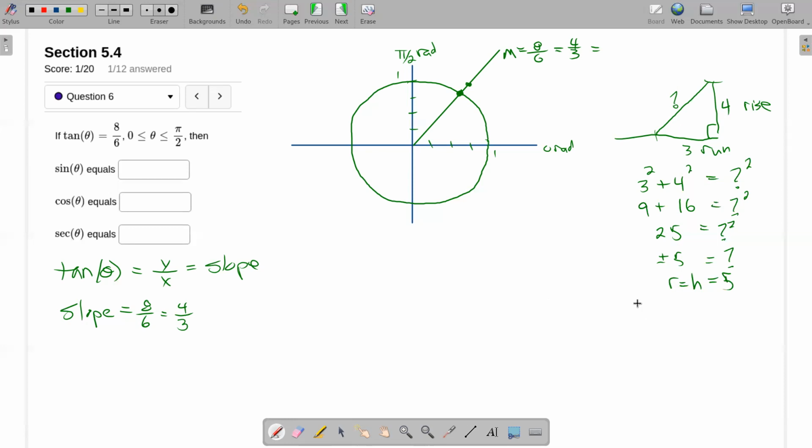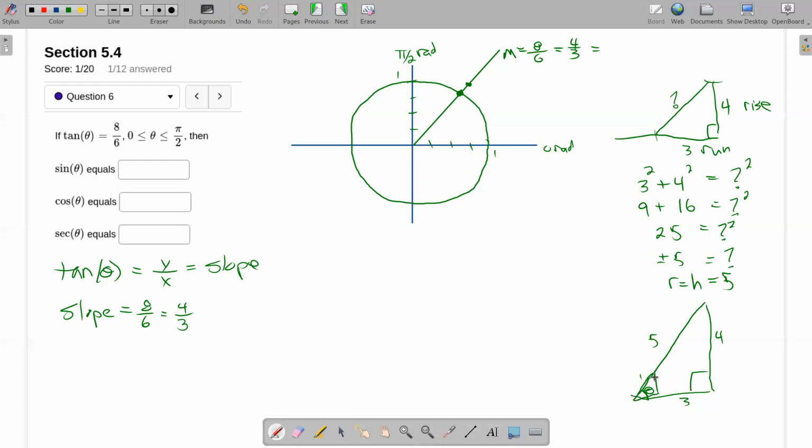So I have that triangle. I'm just going to redraw it down here for a second, a little bigger. I was saying this is 5, if that is 4, and that is 3 right there. And I'm just going to rescale this to be a radius of 1, right? But I want that same angle theta down here.